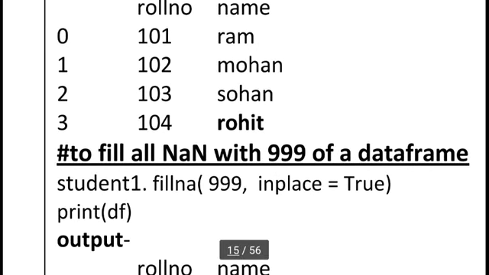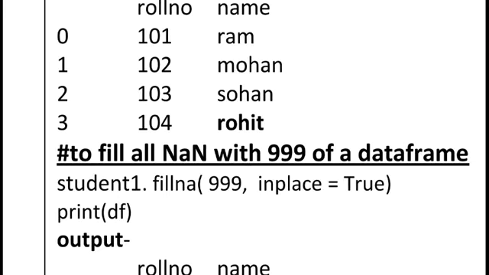Suppose in an entire data frame there is more than one column and more than one row, and many have np.nan. I want to replace all the np.nan with 999, not in a particular column. Last time I changed in the name column, but this time I want to change all the np.nan values with 999 at a time.